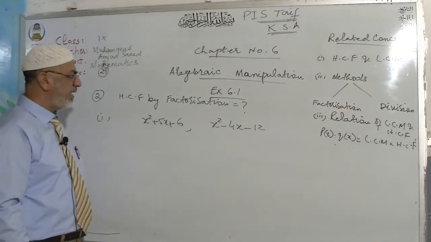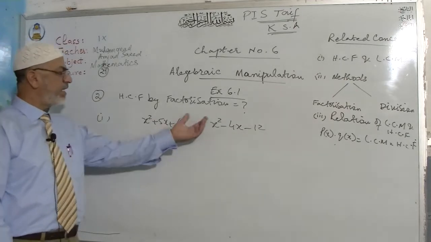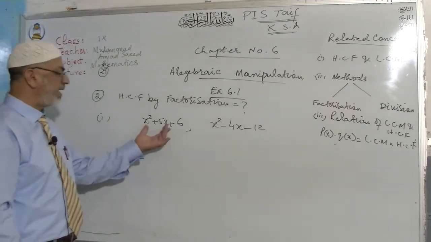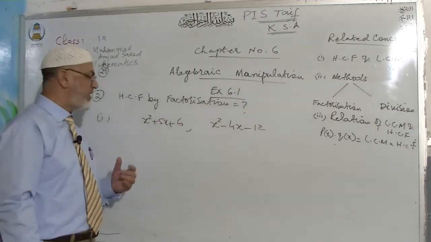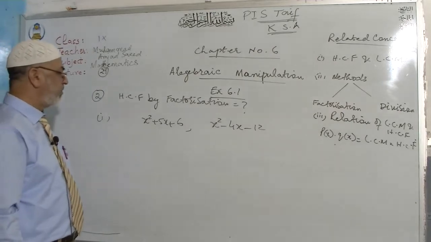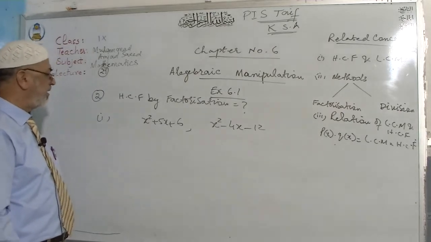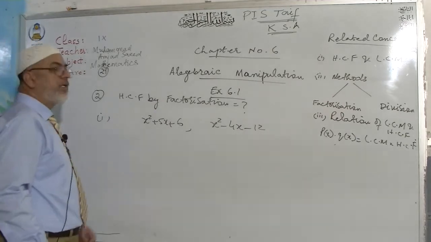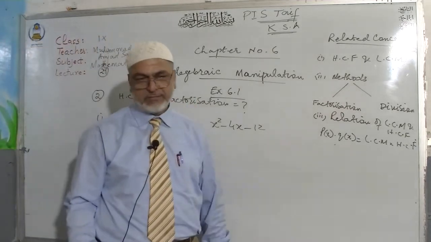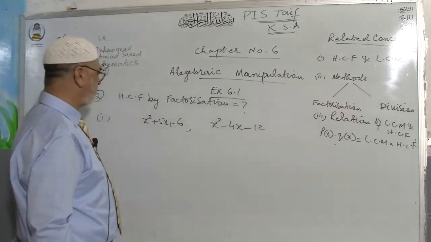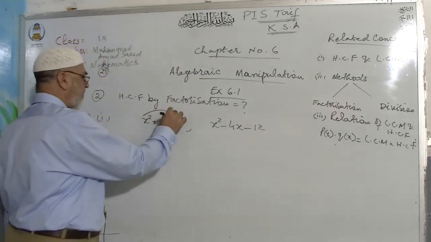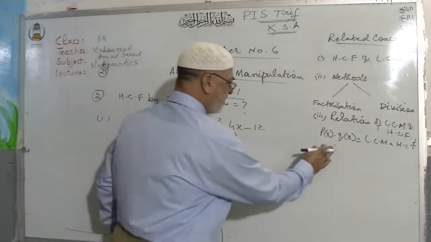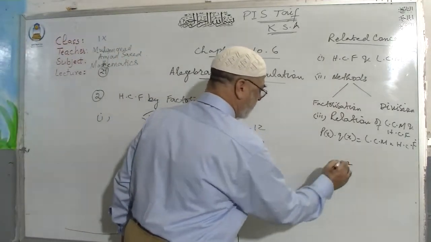Dear students, here you have two expressions. According to chapter number 5, what you did, you have to apply the middle term breaking method, or you can say the PQ method. What is meant by PQ method? You multiply first and last, that is 6x square.